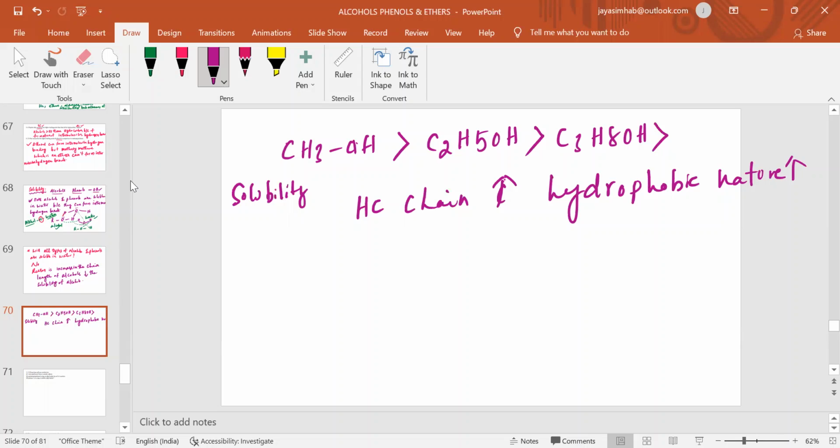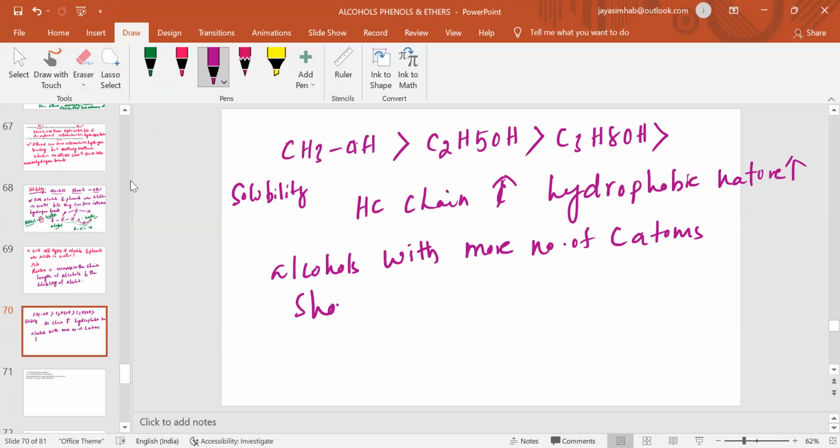So alcohols with more number of carbon atoms show less solubility in water. Understand?